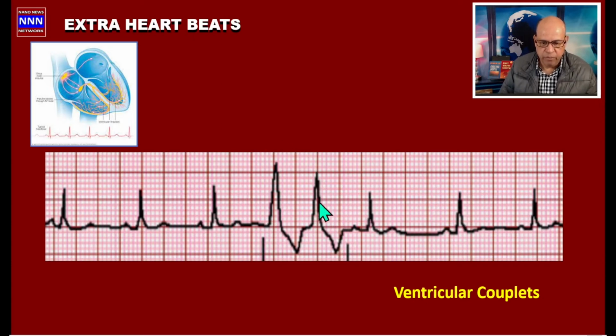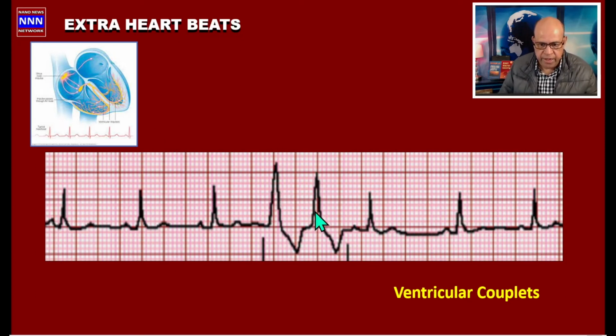Here we have 2 beats coming one right after the other. Here a focus in the ventricle fires an extra beat, and a few milliseconds later it fires another extra beat. So we get 2 complexes.